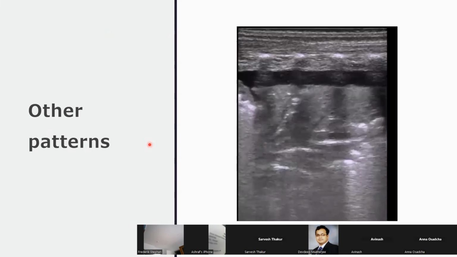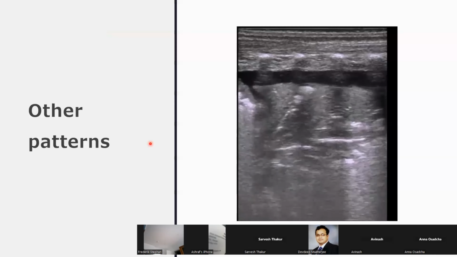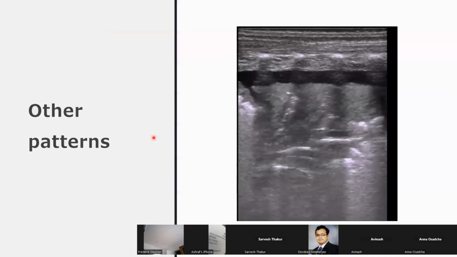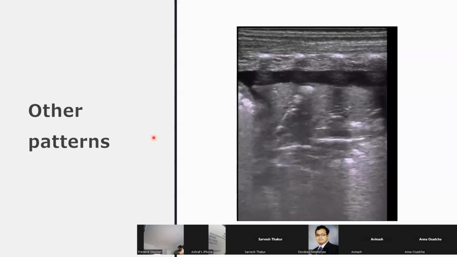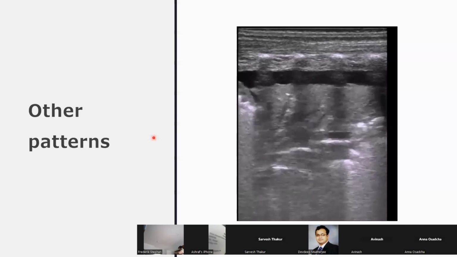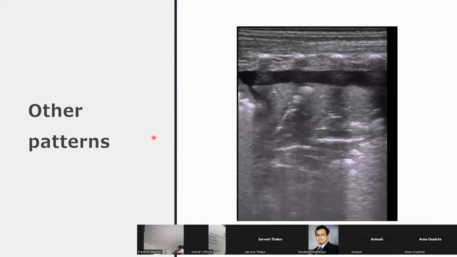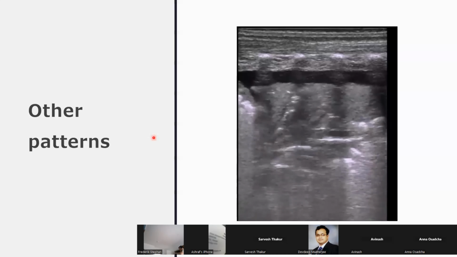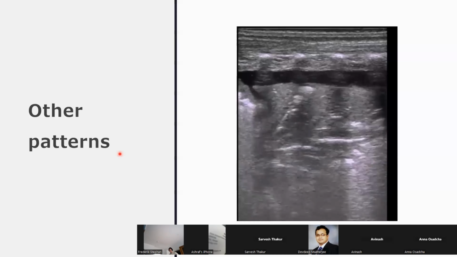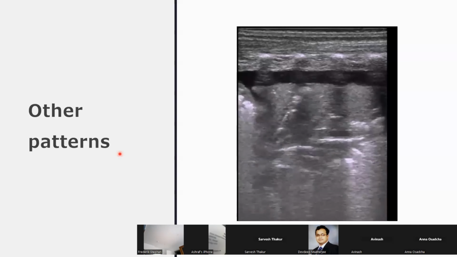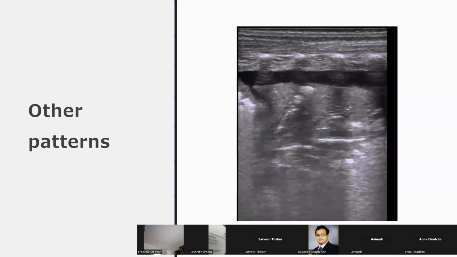Okay, recruitment maneuver in the baby. Based on what we've discussed, yeah, in the 24/6, I would increase my pressures, the PEEP especially, to recruit more of these alveoli.